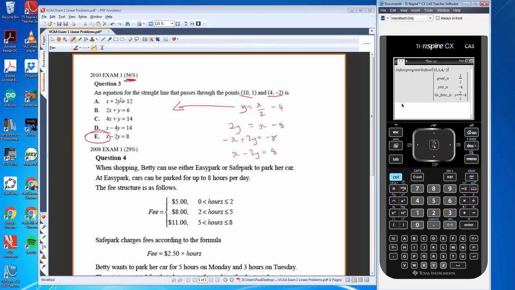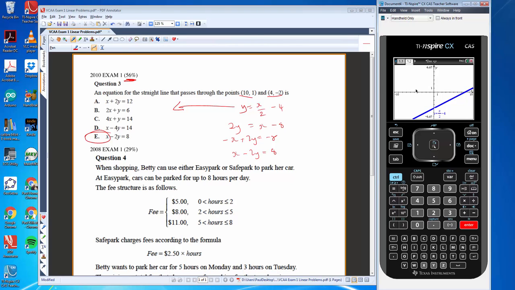One method is to go Control Doc and add a graph, hit del on this and turn it into accepting a relation. I'm going to type in my first relation, which is y equals x on 2 take 4.